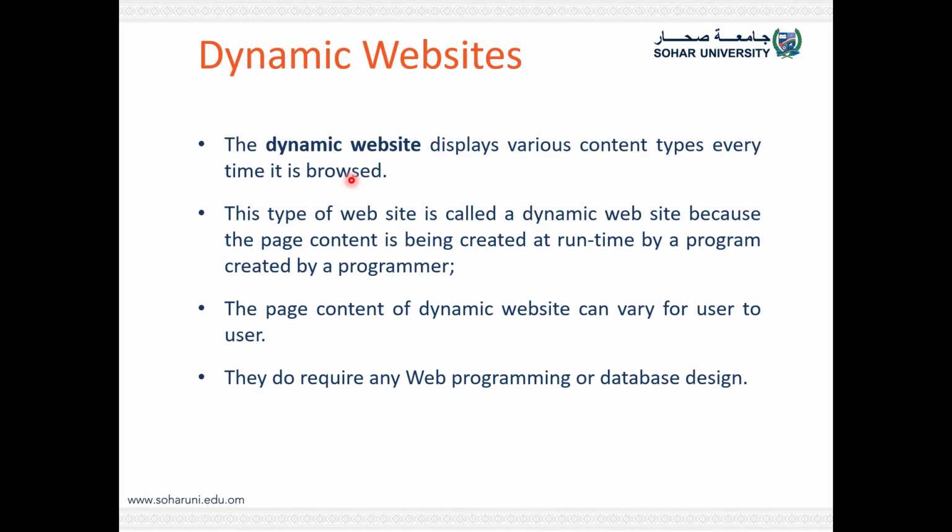What you see when you access it is different from one student to another, because if we are in level 1 it will display level 1 courses, but a level 4 student will register for level 4 courses. So it's different content from one user to another.